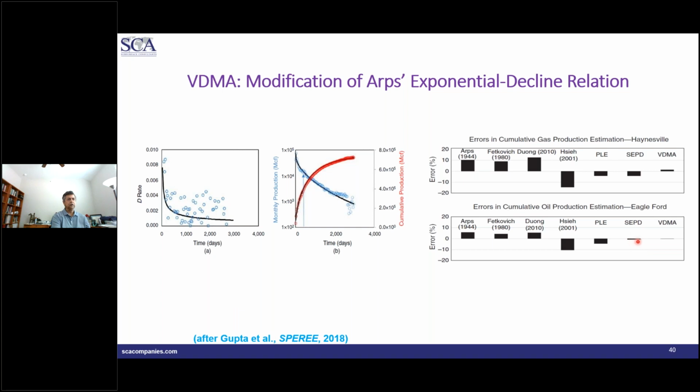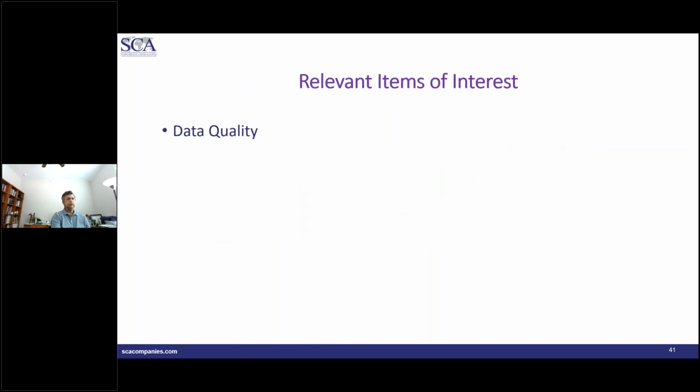Whereas Arps, Fetkovich, Duong, and all that, there will be double-digit errors. So in that context, let me point out that we are investigating a lot of items and we're writing a book chapter and so on. So data quality is a big item of interest.